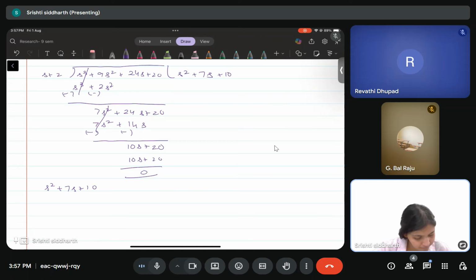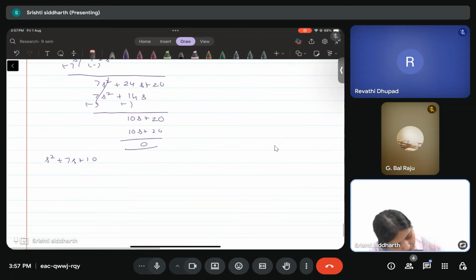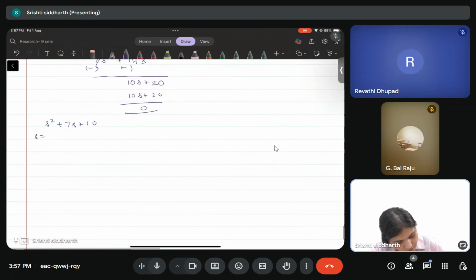Now let's see. This is minus 1. With that, we will not solve this. You can just check if it's correct.